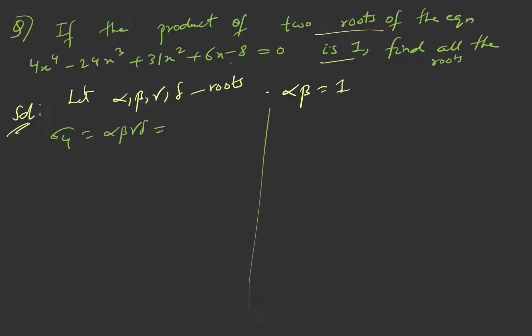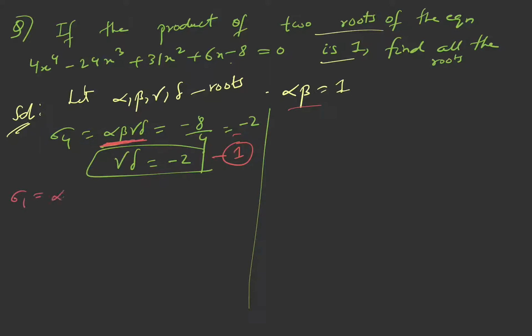So alpha beta gamma delta is minus 8 by 4 using the Vieta's relations only, because this is sigma 4, I need not take the minus sign. It will be plus of minus 8 by 4 only, so this will be minus 2, and alpha beta is 1, so you get gamma delta is equal to minus 2, right? So let us call this equation 1, because alpha beta is 1, you will get gamma delta is equal to minus 2. Fine.